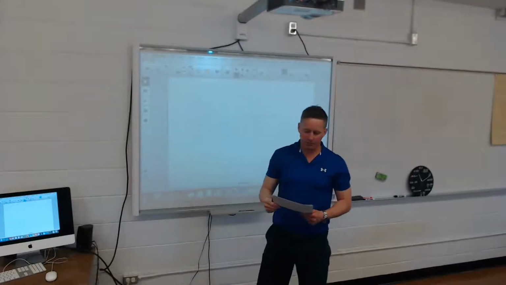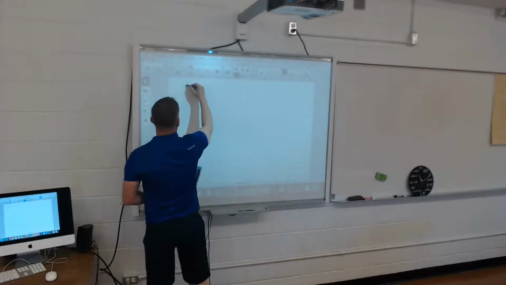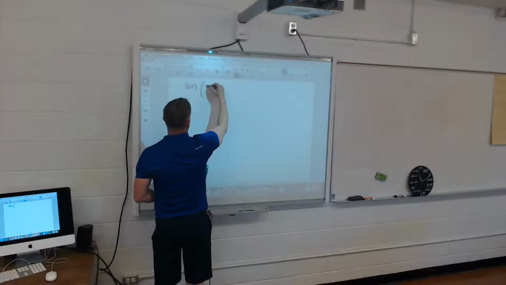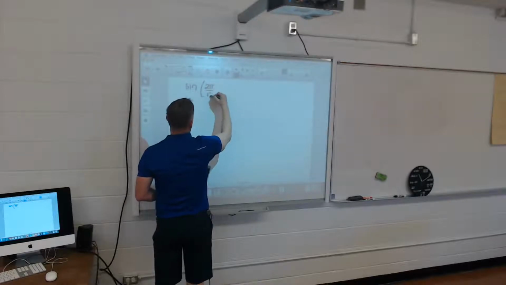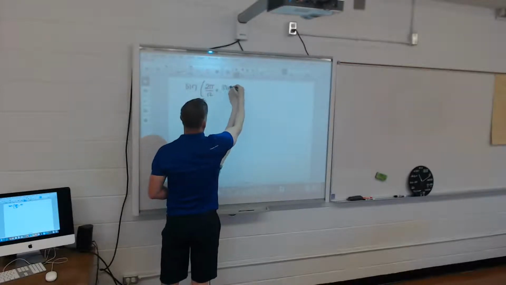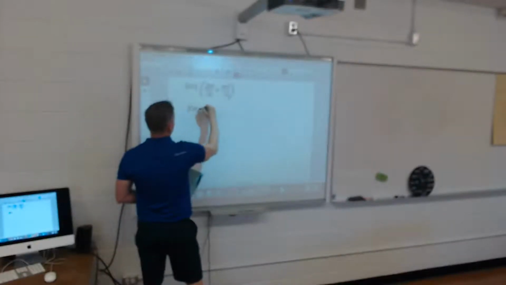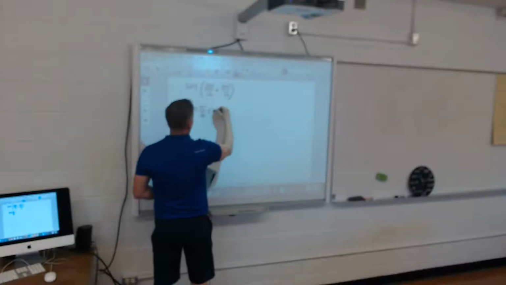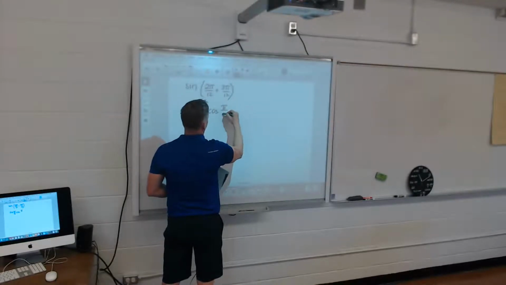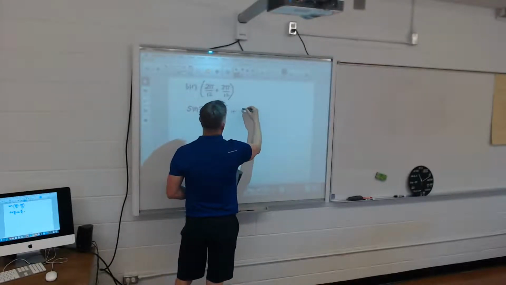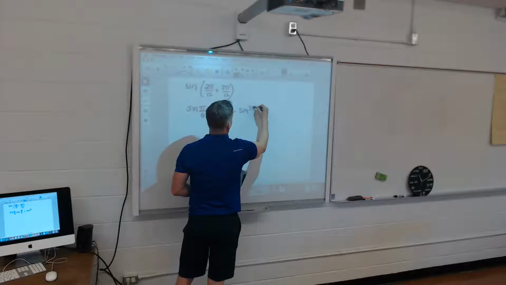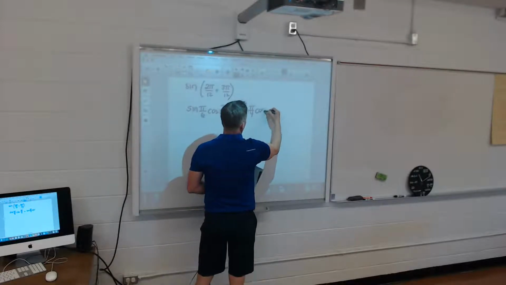Sine of 5 pi over 12. So that is the sine of pi over 6, the cos of pi over 4, add sine pi over 4, cos pi over 6.